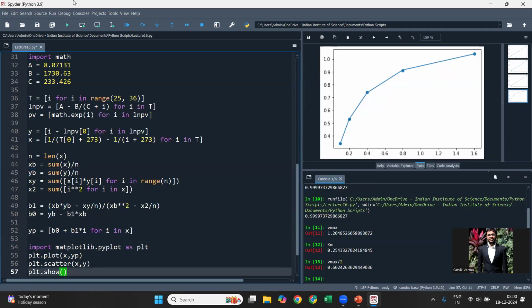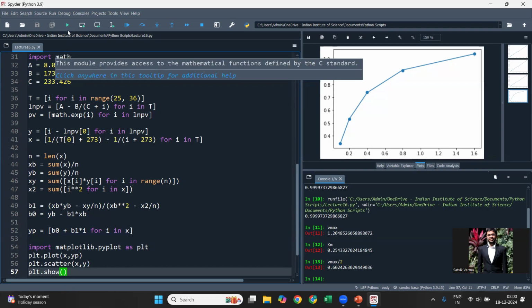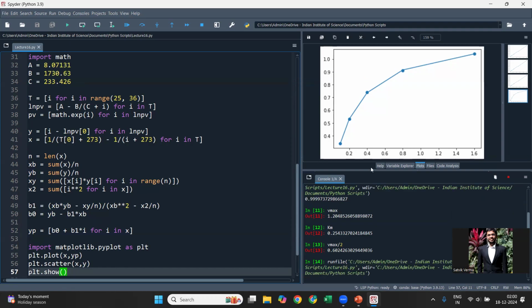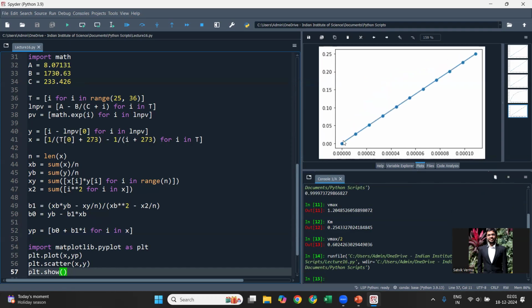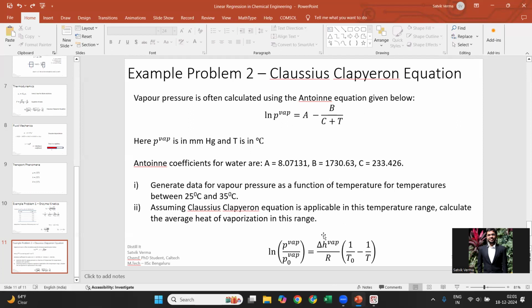Now let's just see what these values are. And you see the plot is very, very nice. So naturally our equation has been fit very well. Now, if you remember, I mentioned that in this kind of an equation where it is y equals to mx form, you do not have a beta naught here.